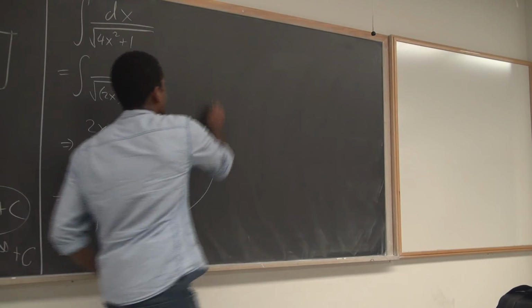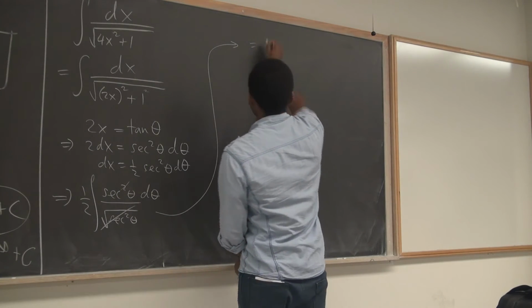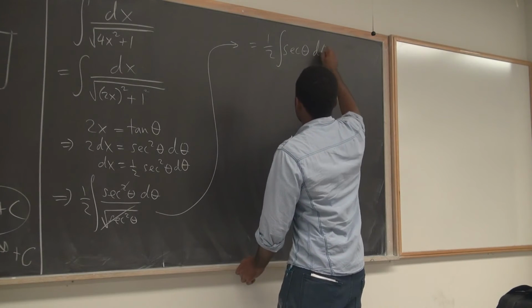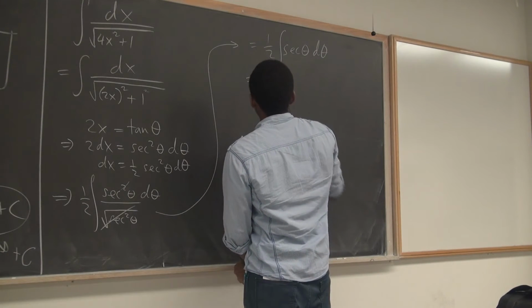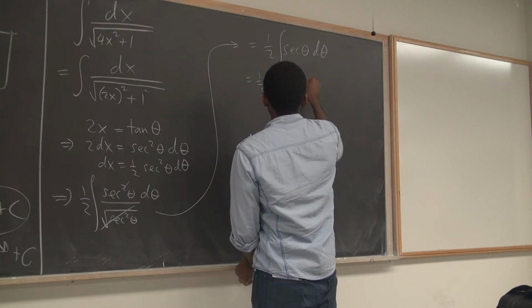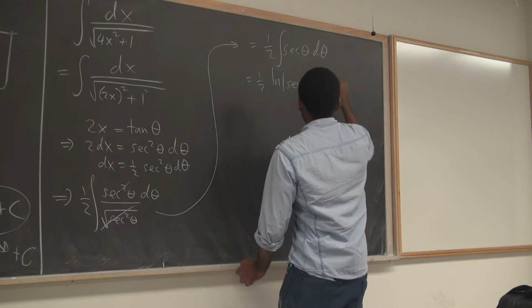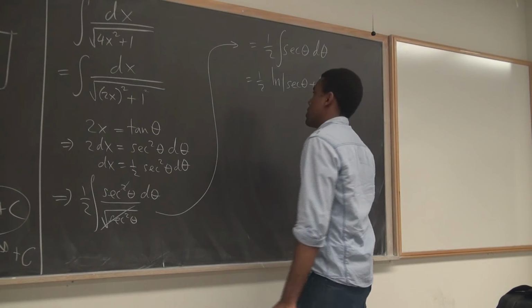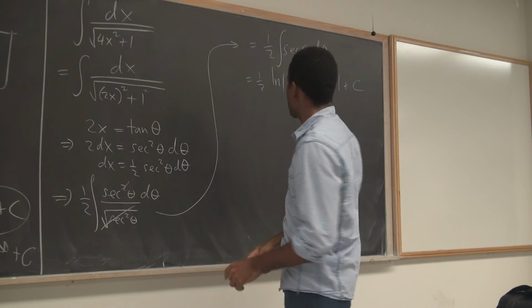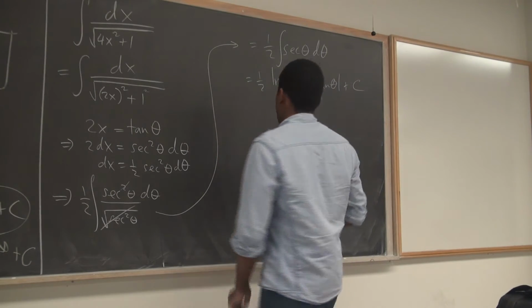Again, you're going to get secant. This is just 1/2 times the integral of secant. Integral of secant is? Then we're going to do the trick. We did this before somewhere.